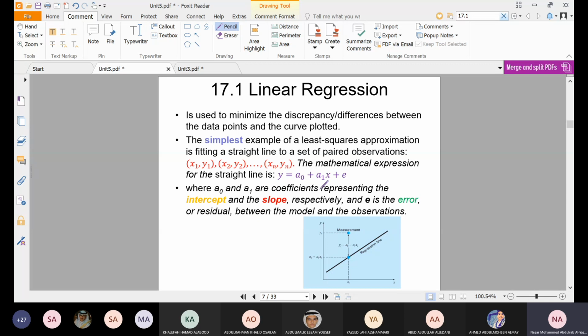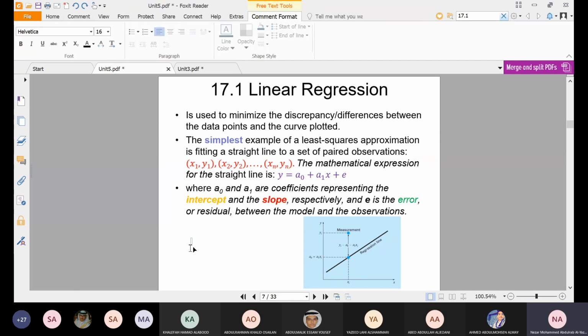If we have, for example, a relation between the input and output, usually here we have a linear relation. So here we might use the line equation to represent it: y equals a0 plus a1 multiplied by x.